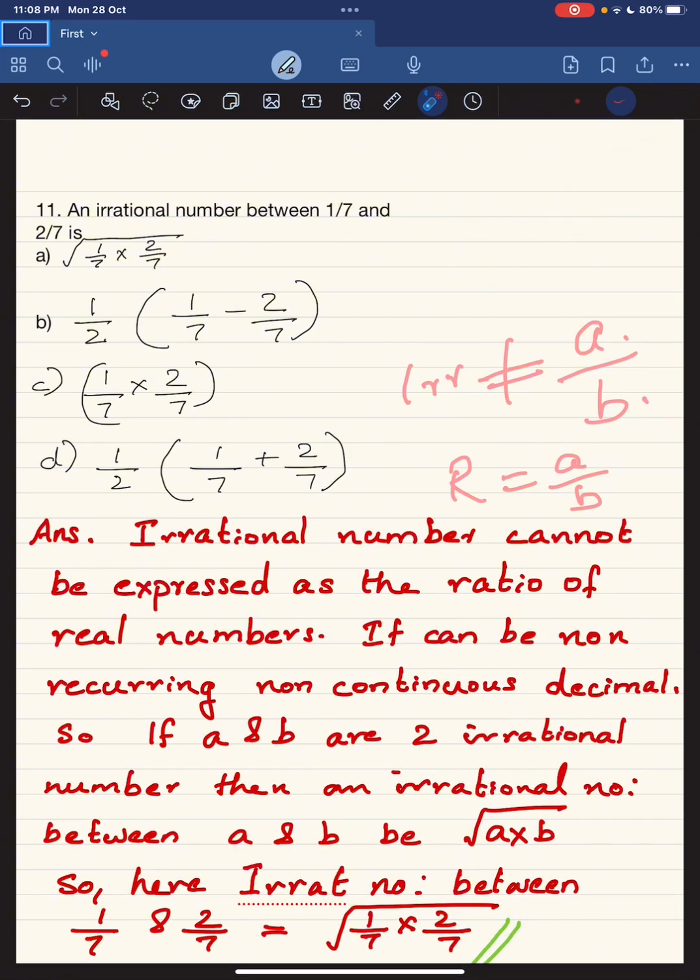So here an irrational number between 1 by 7 and 2 by 7 is root of 1 by 7 into 2 by 7. Okay. So what is the option? This one is the option.